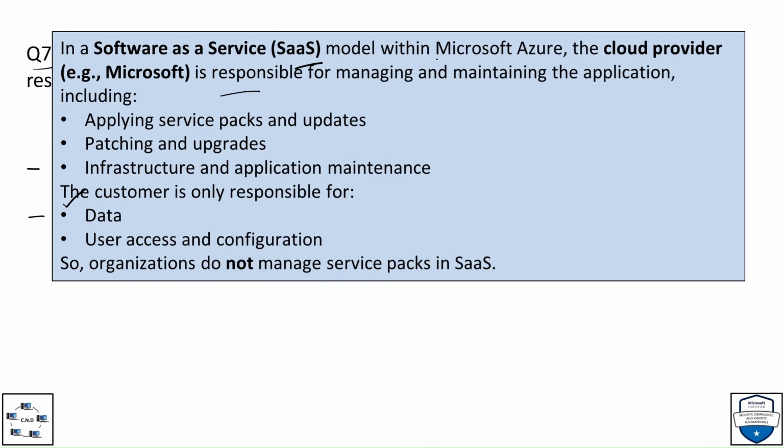In the software as a service model within Microsoft Azure, the cloud provider, that is Microsoft, is responsible for managing and maintaining the application, including applying service packs and updates, patching and upgrades, and infrastructure and application maintenance. The customer is only responsible for data and user access and configuration. So organizations do not manage service packs in software as a service.